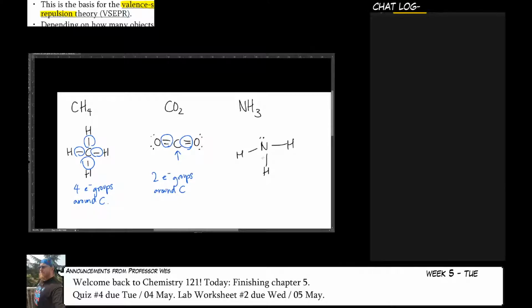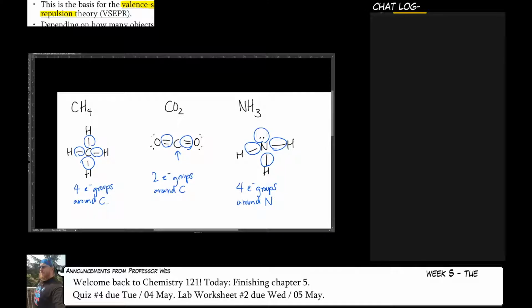And then finally, we'll apply the same principle over here. So the bonds still count, so these are electron groups. But also, this pair of electrons is an electron group around the central atom. So this also has 4 electron groups around the central atom, which was nitrogen in this case.